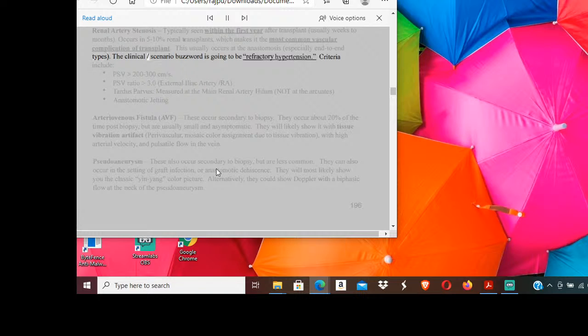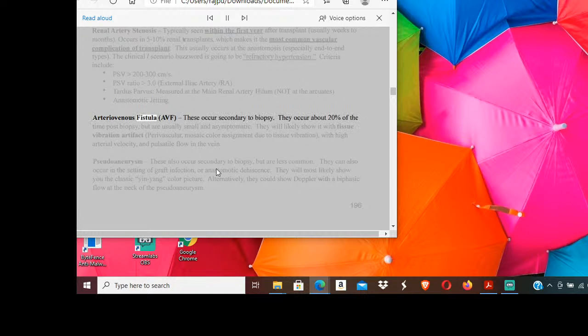The clinical scenario buzzword is going to be refractory hypertension. Criteria include PSV 200 to 300 cm/s, PSV ratio greater than 3.0 to the external iliac artery, tardus parvus measured at the main renal artery hilum, not at the arcuates, and anastomotic kinking.